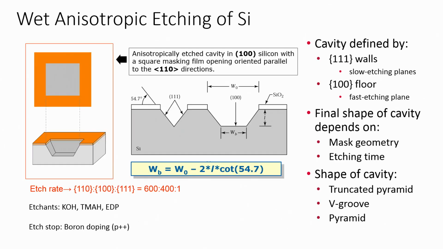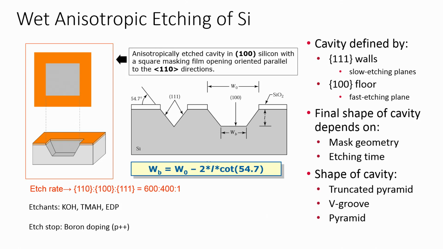Now, let us talk about wet anisotropic etching. You can see here an anisotropically etched cavity in 100 silicon with a square mask film opening oriented parallel to the 100 direction.